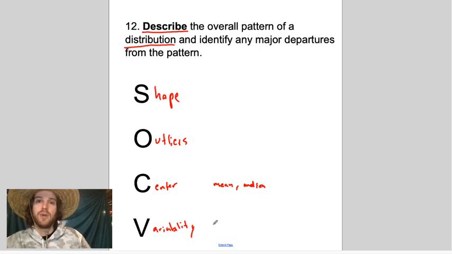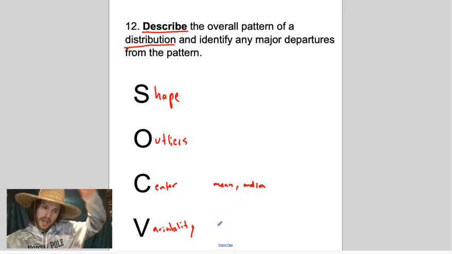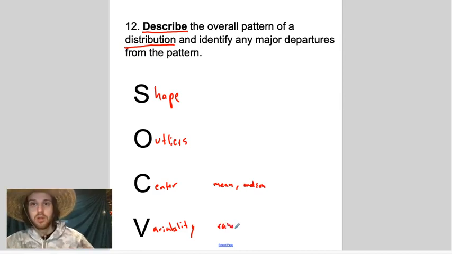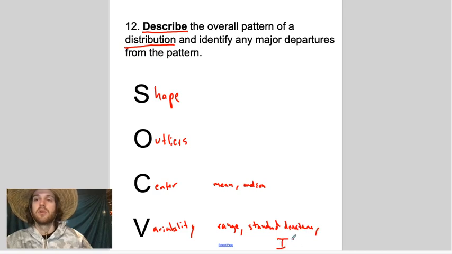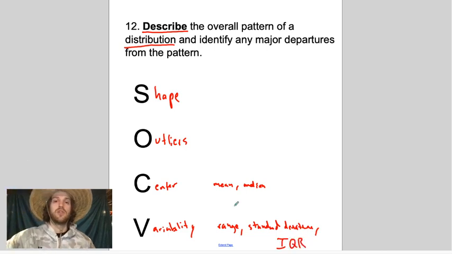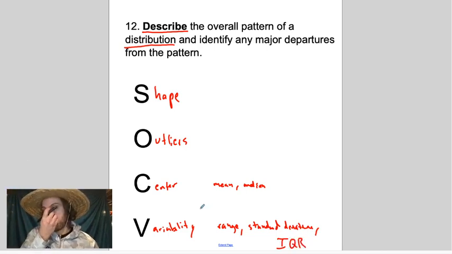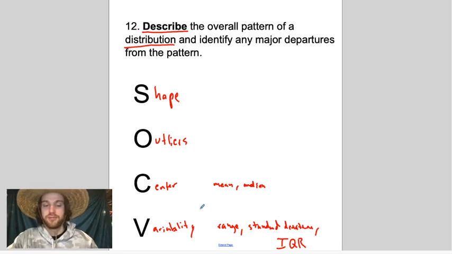And for variability, we have things like the range, the standard deviation, and the IQR, or interquartile range. So you can mention all of these as potentials. Standard deviation, variance, pretty much.